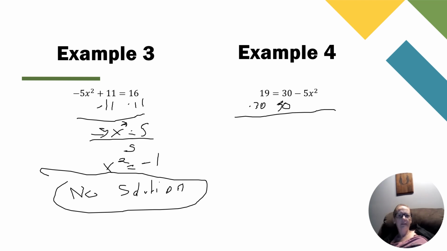So 19 minus 30 is negative 11. You can turn that around if you want, but it's not really necessary. So we're going to divide both sides by negative 5, and I get negative 11 over negative 5, which is just 11 over 5.